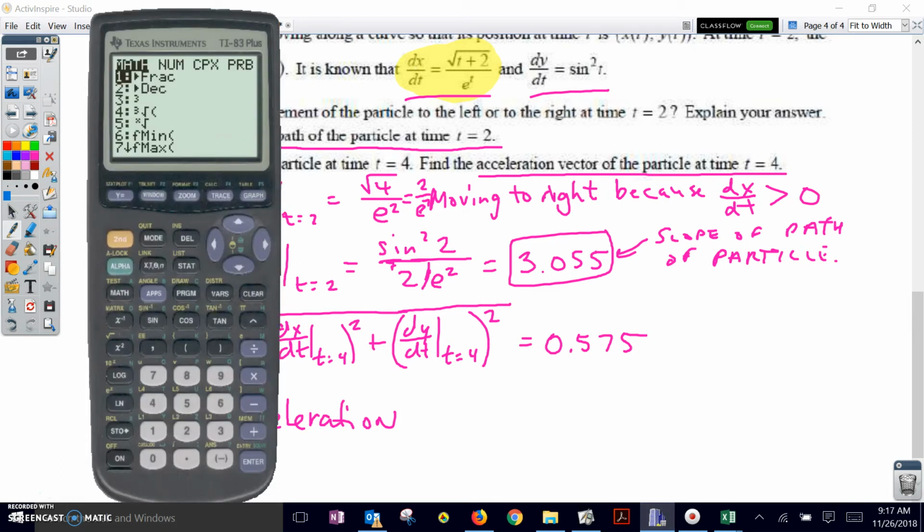So we want the derivative of square root of t plus 2 over e to the t with respect to t at time 4. We get negative 0.0411.